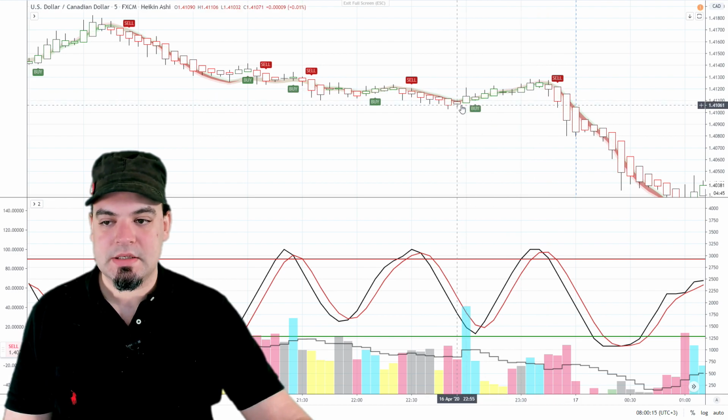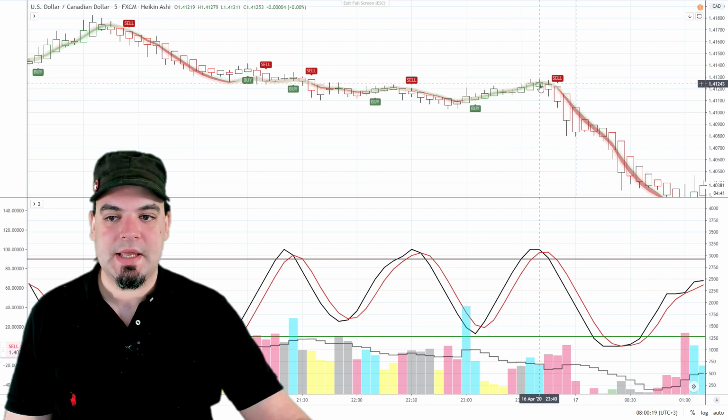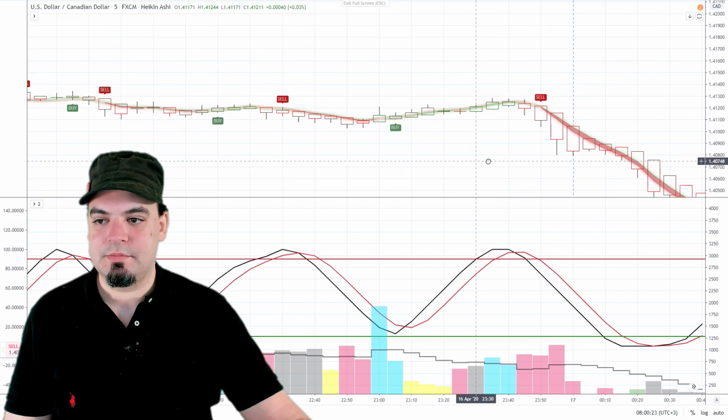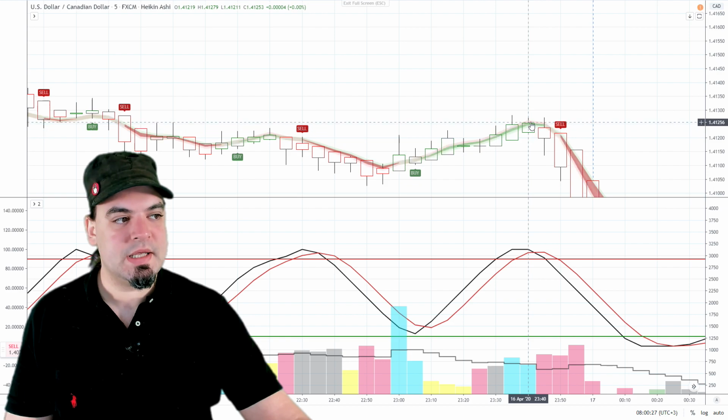You can see that the buy move before created the highest candle of the buy move, which is this one here. This would be the candle.